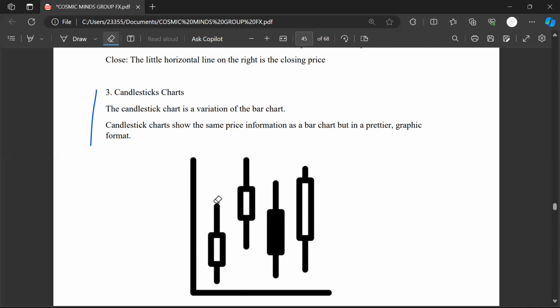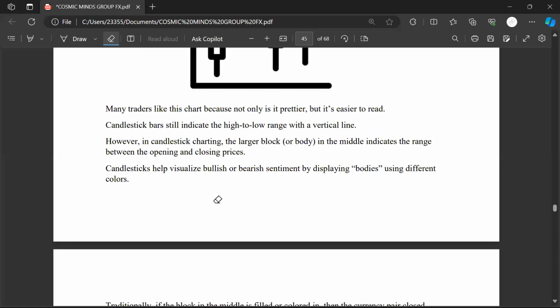Now, many traders like this chart because not only is it prettier, but it is easier to read. Candlestick bars still indicate the high to low range with a vertical line.